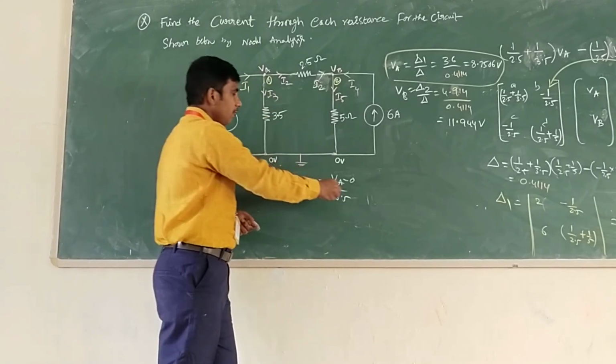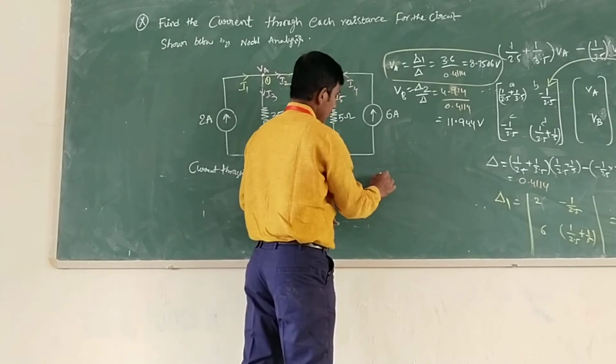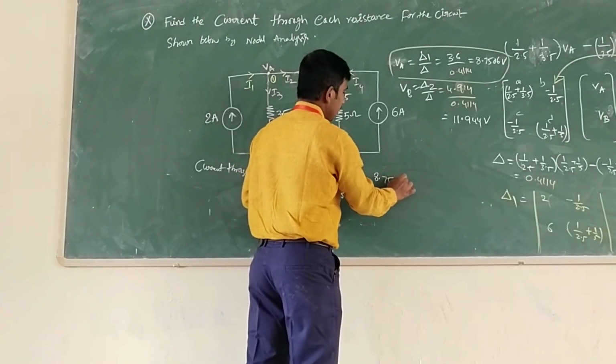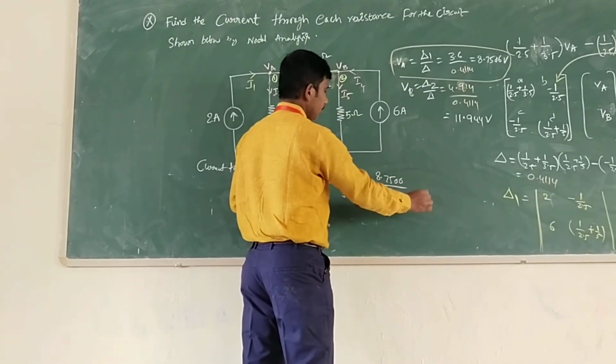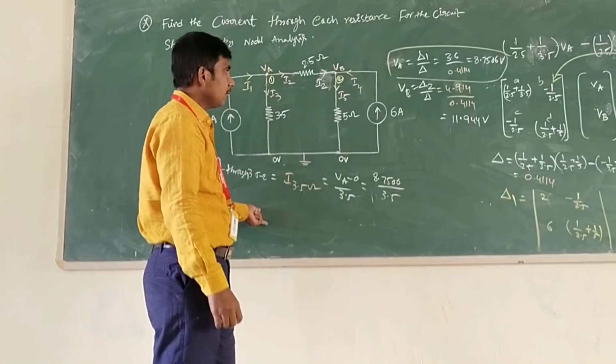VA is already calculated. 8.7506 by 3.5. Now tell the answer.